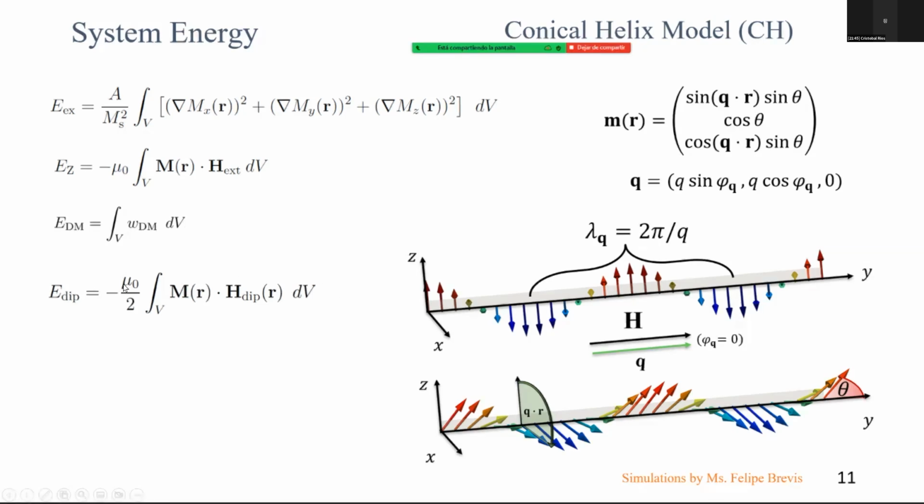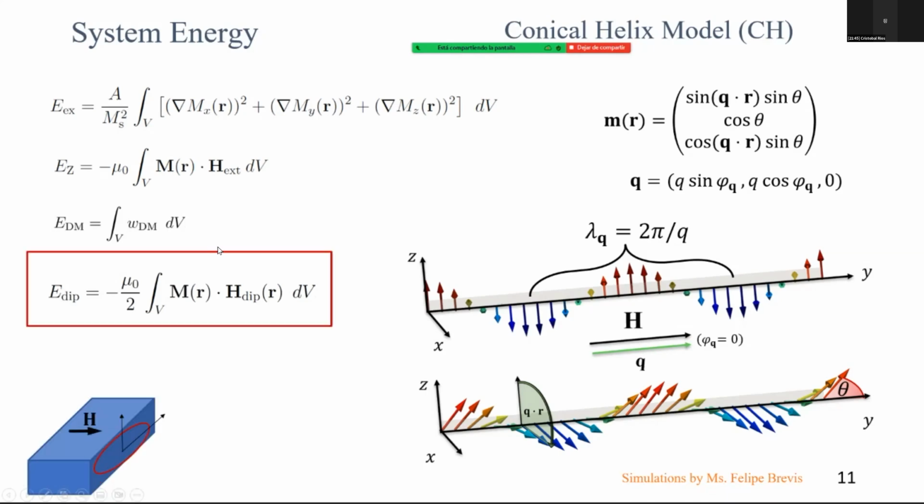It's remarkable that the dipolar interaction is very difficult to calculate generally, and in most of the literature until recent papers, they approximate the dipolar interaction, and we put all the effort into calculating this energy.